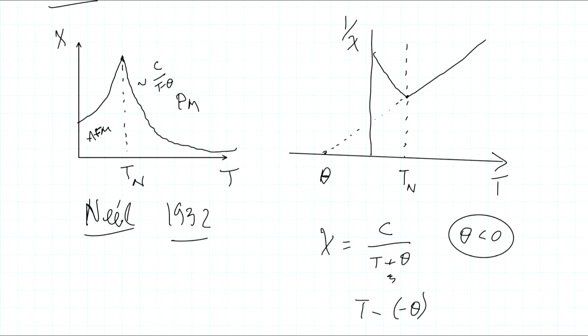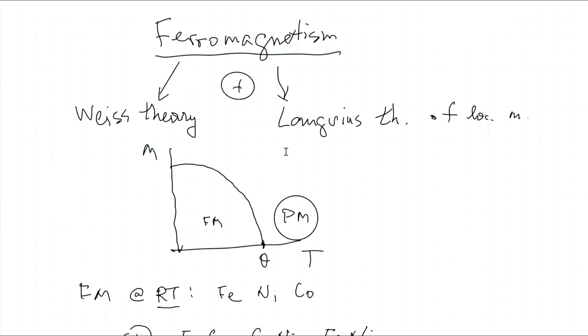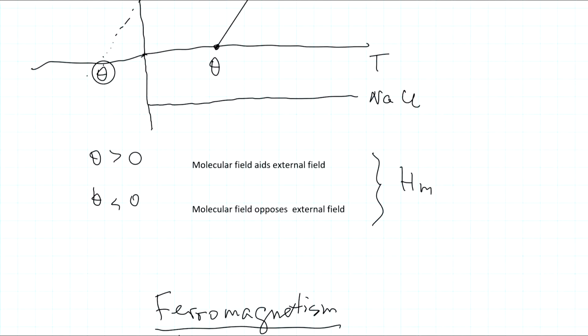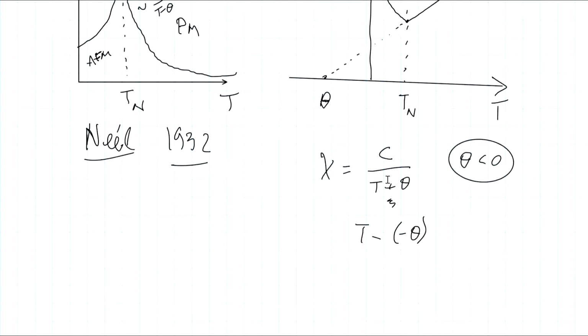Okay, so antiferromagnetic state. So negative Curie temperature, as you recall, let me scroll up to remind you. Negative Curie temperature means the molecular field opposes the external magnetic field. So this is what is happening in antiferromagnets.